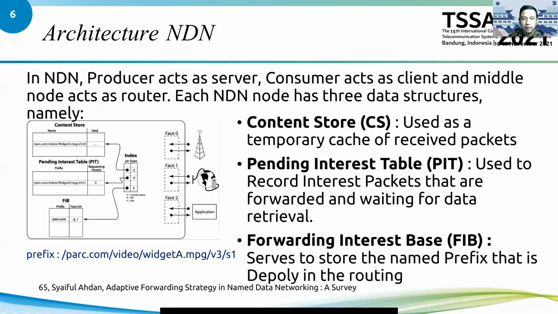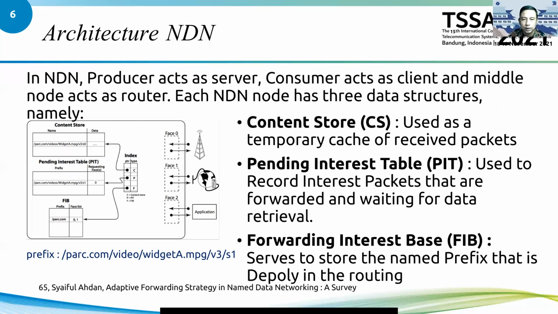In NDN architecture, the producer acts as server, the consumer acts as client, and the middle node acts as router. An NDN node has three data structures. Namely, the first is the content store.